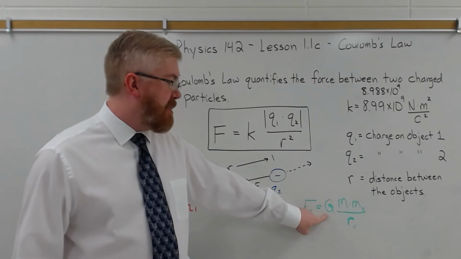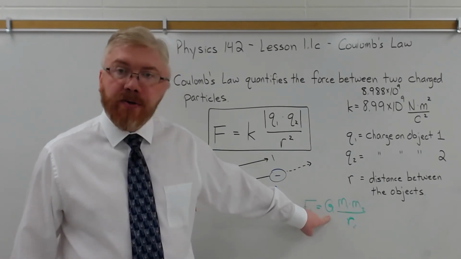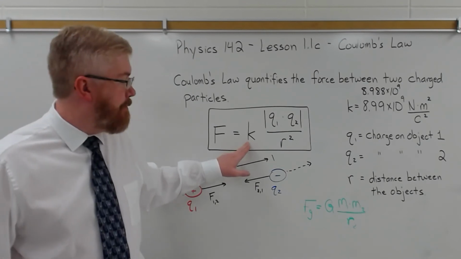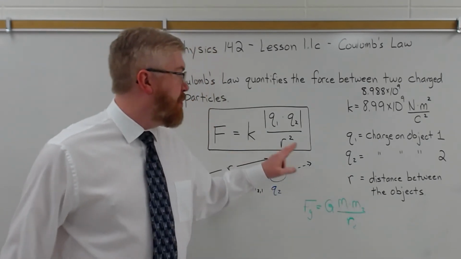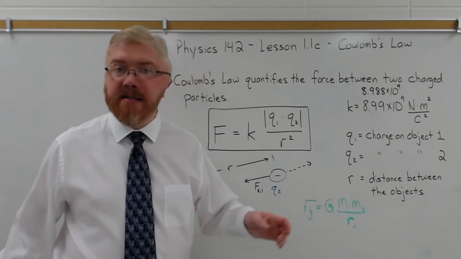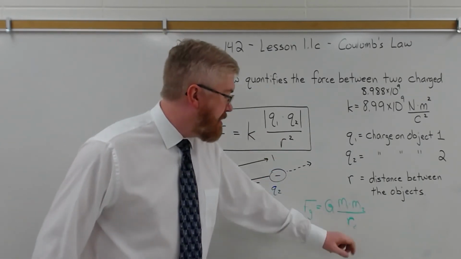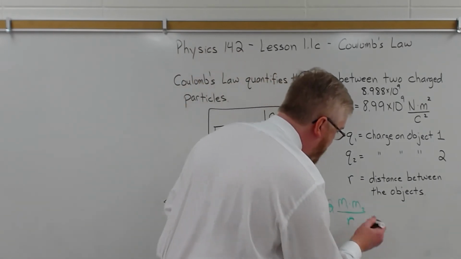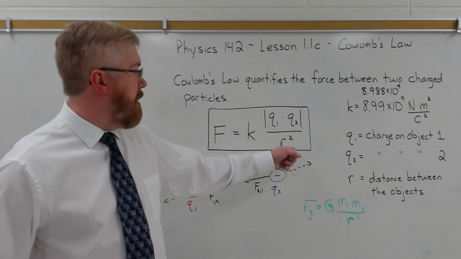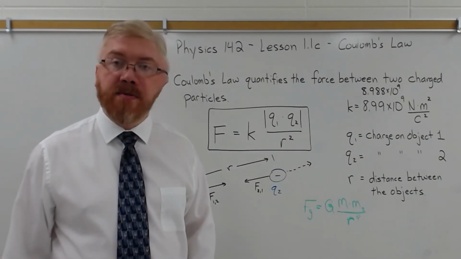A force is equal to some constant term. This was the universal gravitational constant. This you can think of as the electrostatic constant. The product of the masses rather than the product of the charges. No absolute value sign is needed because mass is always positive. And the distance between them squared, which is the same as it is in Coulomb's law.